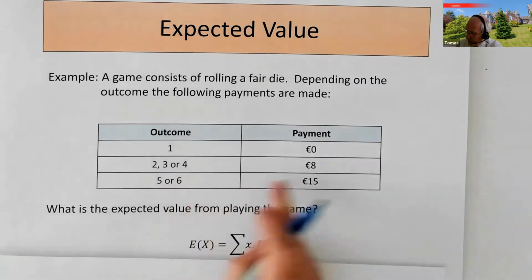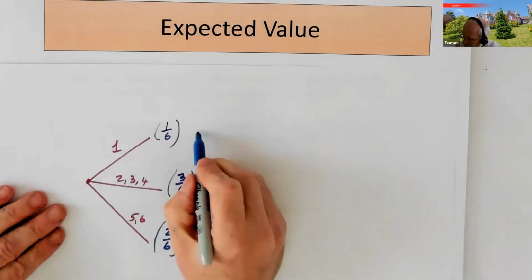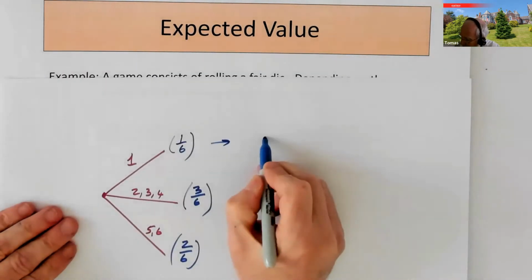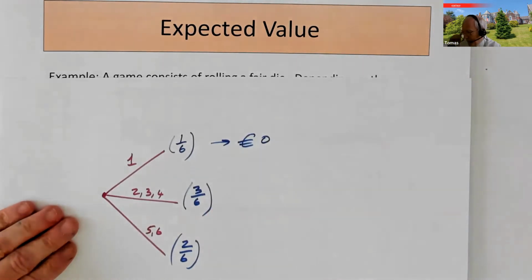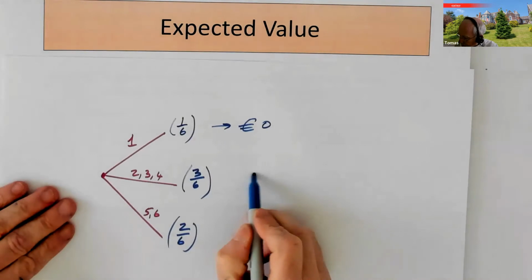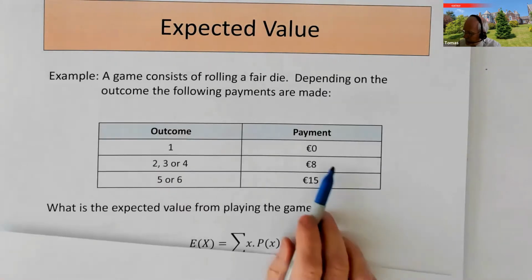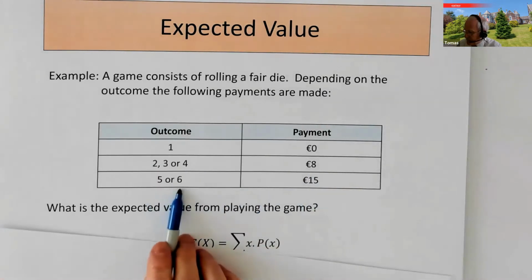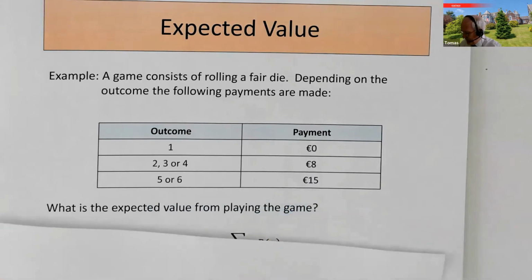So if you get a 1, the payment you're given is 0. So you get nothing for landing a 1. If you land 2, 3, or 4, you're told you get a payment of €8. And if you get a 5 or a 6, you're told you get €15.